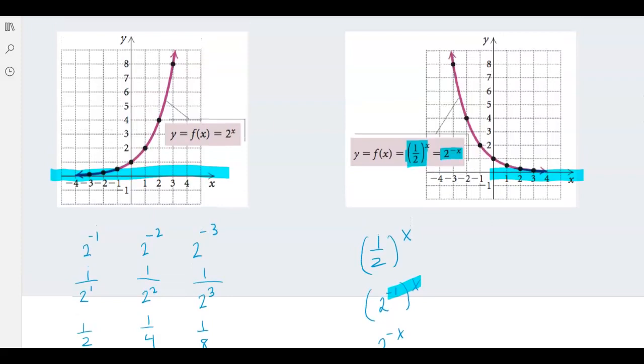If we think of the original function as f of x equals 2 to the x power, then when we have a negative sign up in the exponent, what we're saying is that we're putting a negative inside of the parentheses.